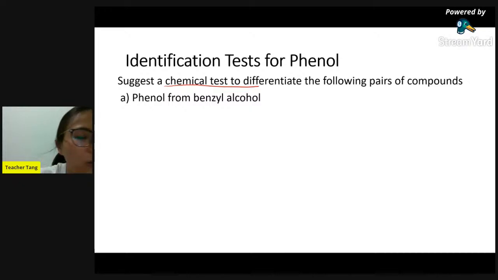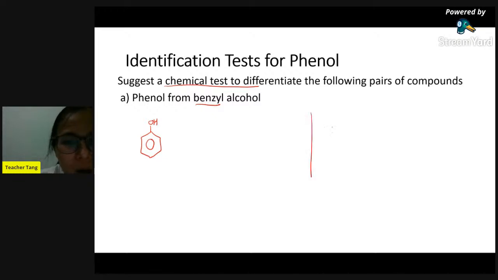So phenol, so this is phenol, and also benzyl alcohol. So how to draw benzyl alcohol? So benzyl alcohol is like this.